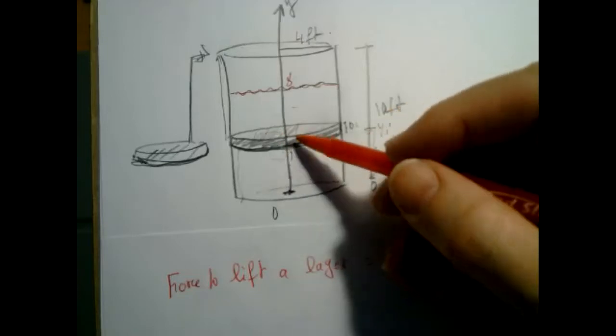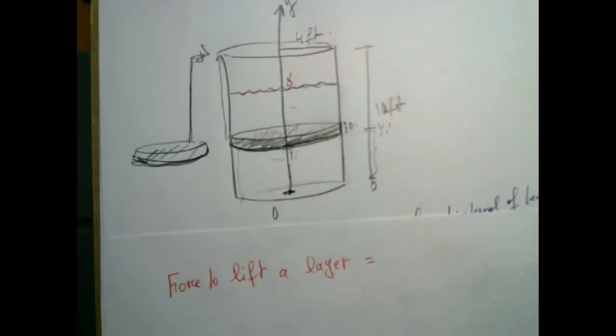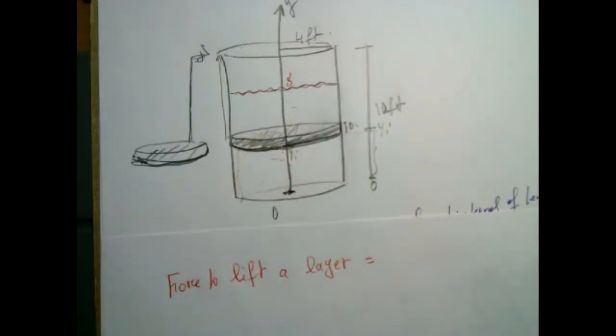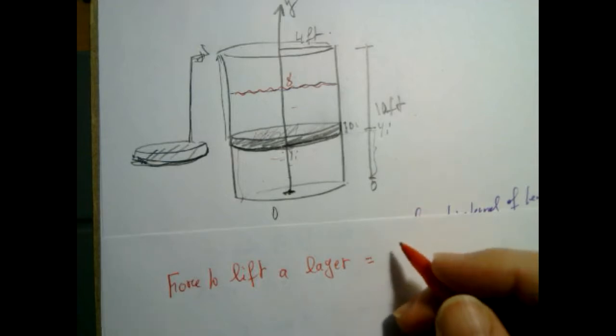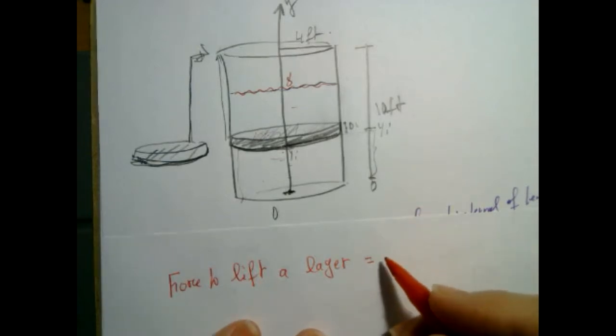Think of this layer as an object that you want to lift. What's the force you need to lift a particular object? And for us now, the force is constant. So what's going to be the force? Don't be afraid. It's not hard, the force.